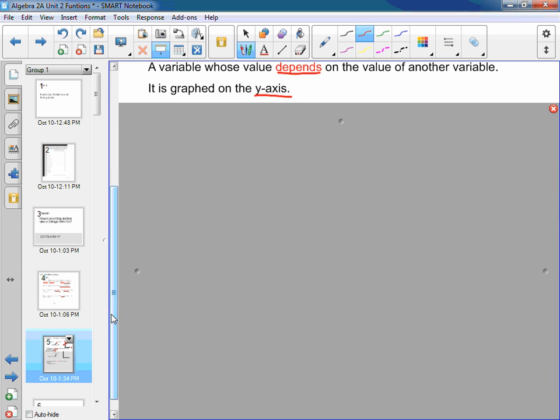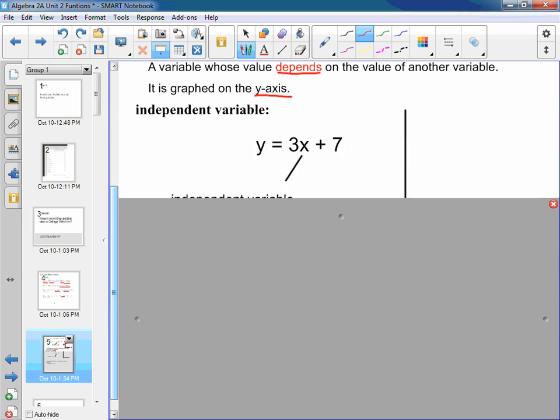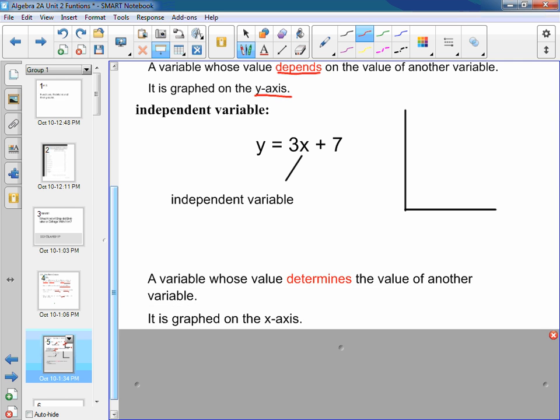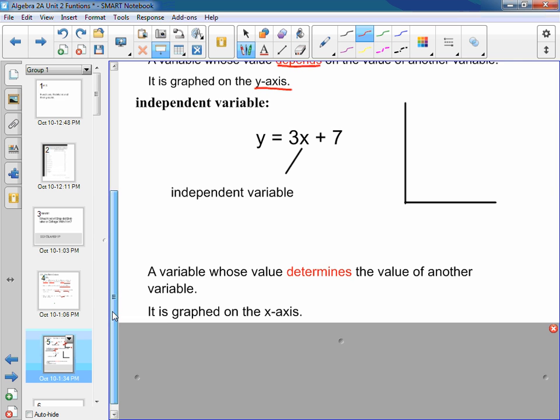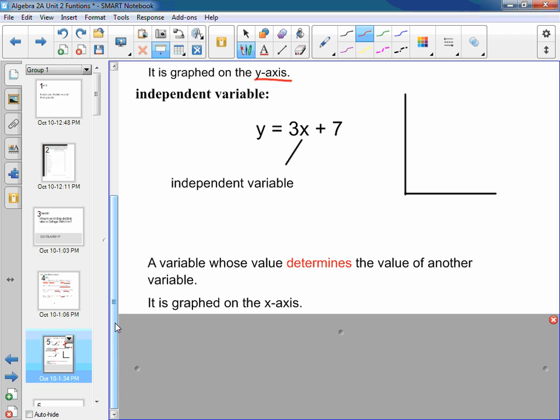The next term is independent variable. The independent variable is right here. It's a variable whose value determines the value of another. So the x value, the input value, is your independent variable, and that's graphed on the x-axis.